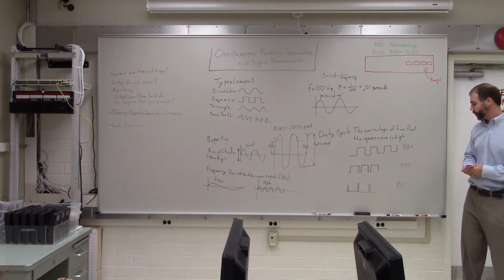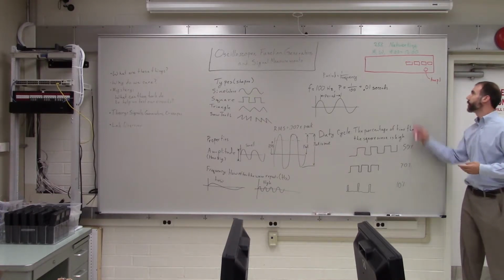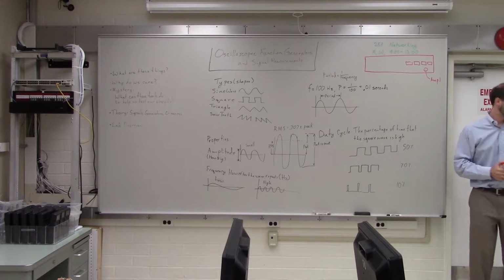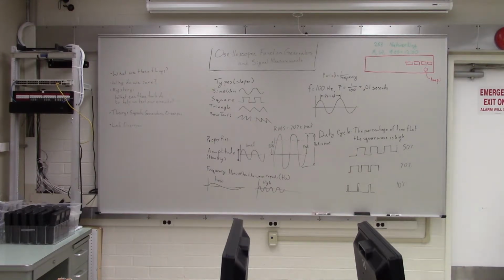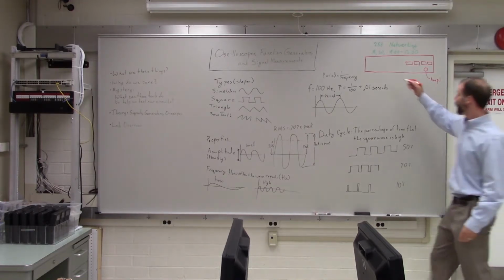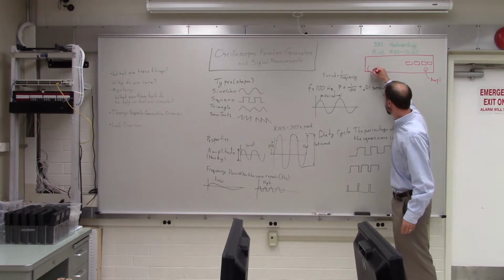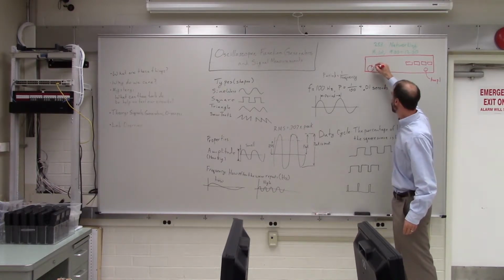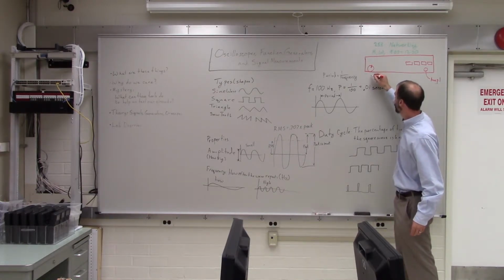Getting back to the function generators, we can set the amplitude there for the signals. We can set the frequency of a signal. That is the big knob on the left-hand side. It's got a little indicator for its position.